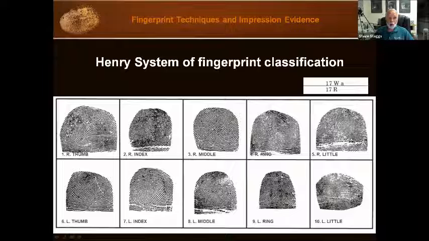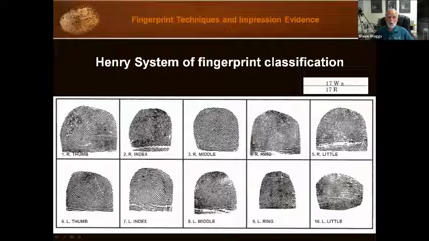Then for the small letters, we are looking for plain and tinted arches. We're also looking for radial loops. But we don't count those if they're in the index fingers. We skip the index fingers because we already put our index fingers here. All right.